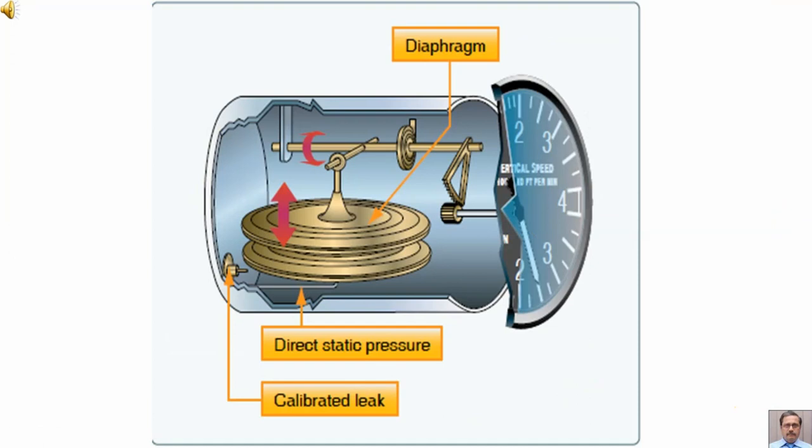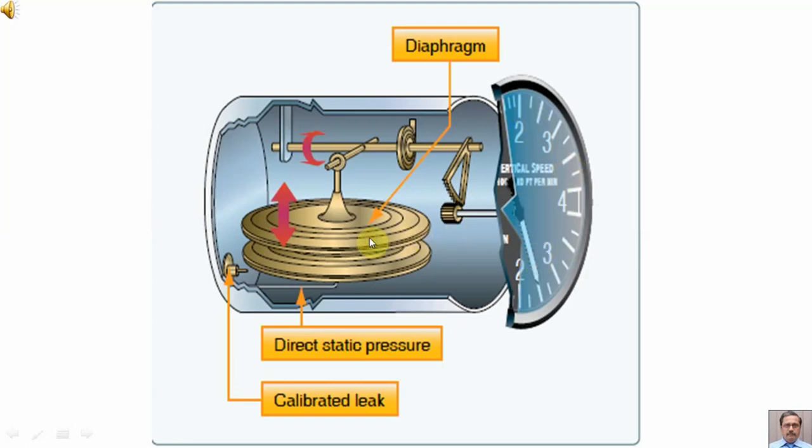Here we are having the vertical speed indicator. We can see that there is a diaphragm. This diaphragm is connected with the linkage, and the linkage is connected with the display, dial and needle system.